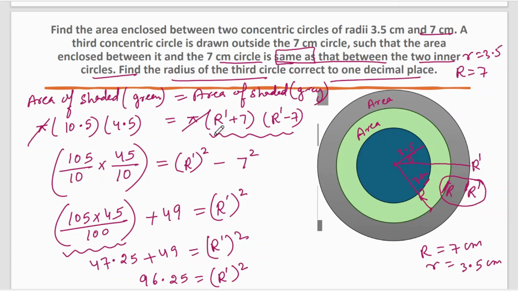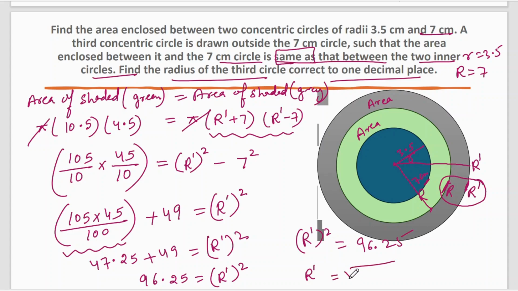Now let me erase this part. So you know how to find the square root of a number. So we have got R1 dash whole square as 96.25. So we can write R1 equal to under root of 96.25.